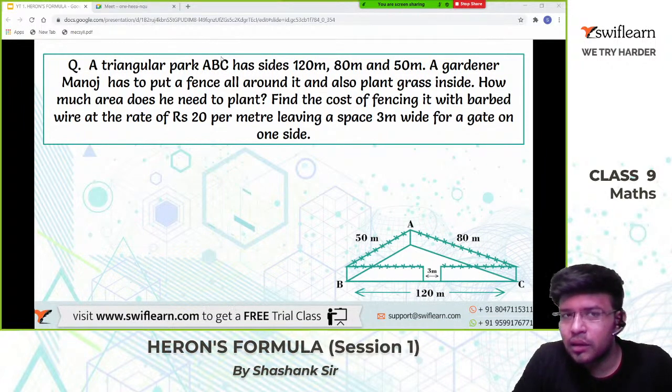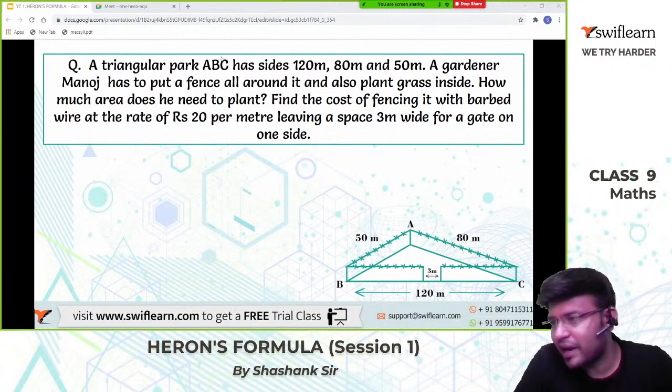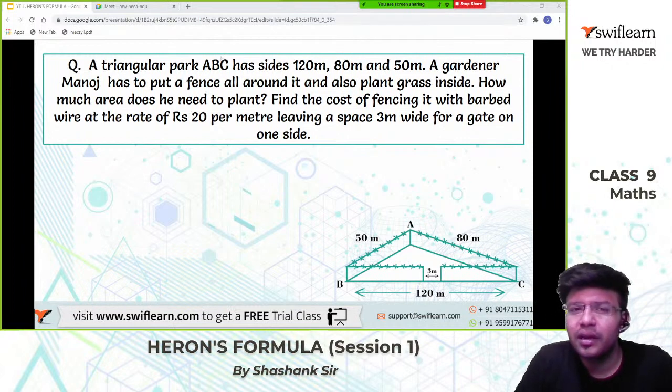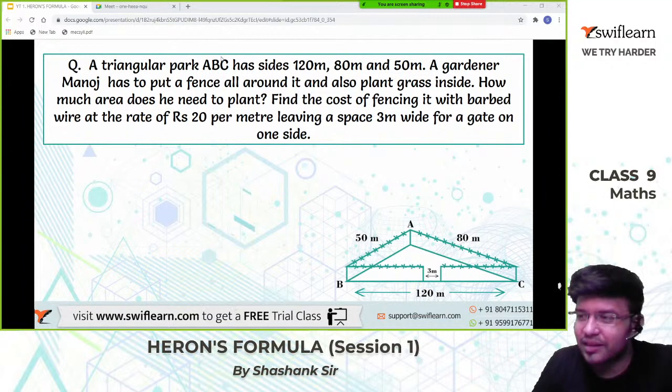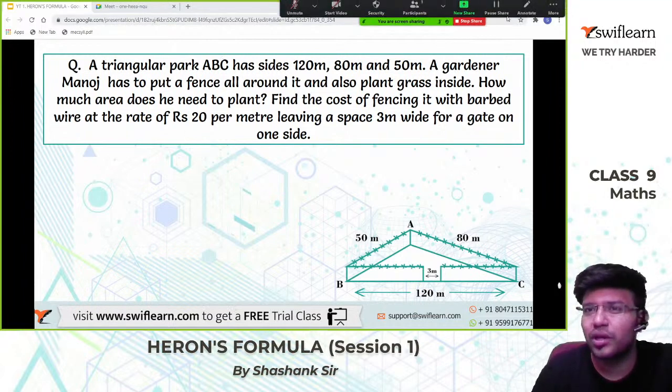A gardener Manoj has to put a fence all around it, and also plant grass inside. How much area does he need to plant? Underline this. This is very important. This is what is asked.